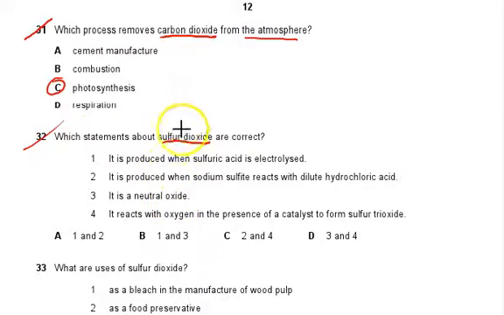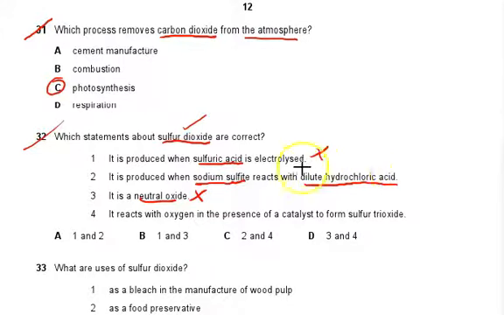Now if you look at sulfur dioxide, it is acidic, so this is wrong. It produces sulfuric acid when electrolyzed. This is also wrong. It is produced when sodium sulfite reacts with dilute hydrochloric acid.